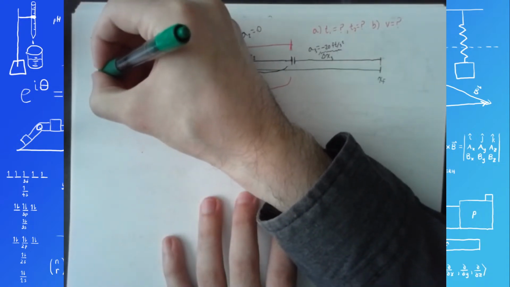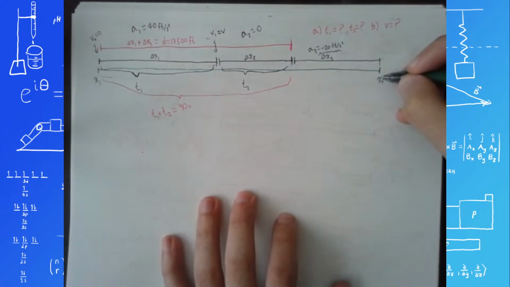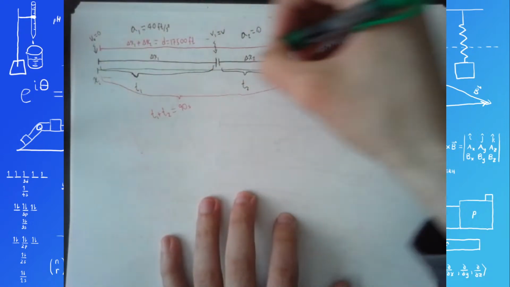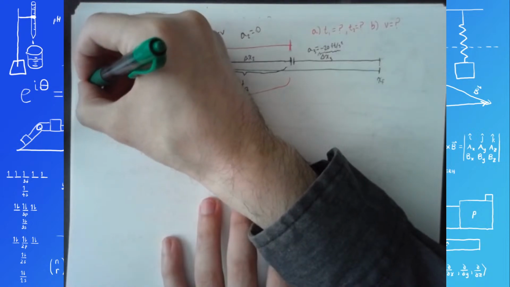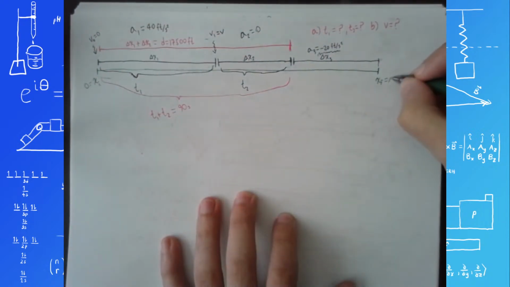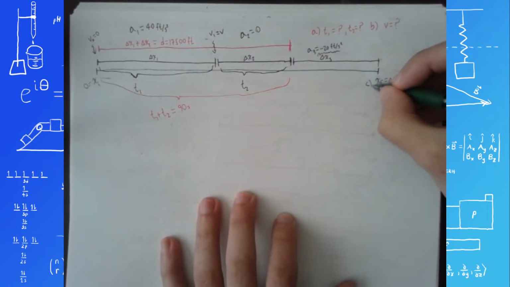If I set x initial to be equal to 0, then x final is just going to be the total of delta x1, 2, and 3, basically. I'll say x initial equals 0, and x final will be delta x1 plus delta x2 plus delta x3. That's what they're asking for in part C.